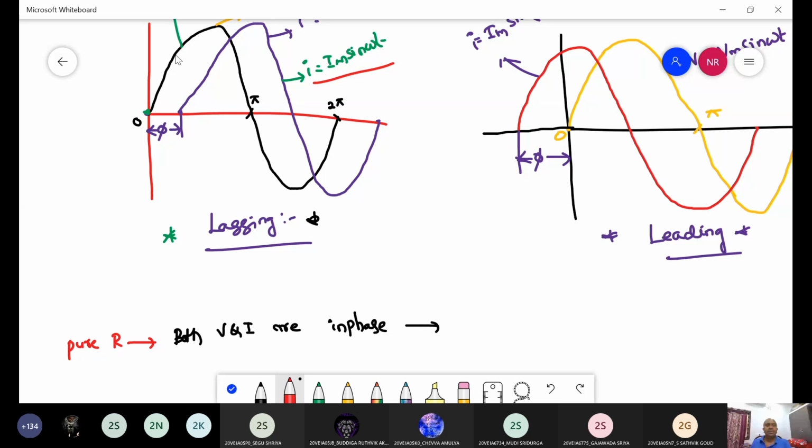So that's why the voltage is leading, if you are considering current as a reference. You got my point? Yes, sir. Is this clear? Yes, sir. Thank you. Okay.